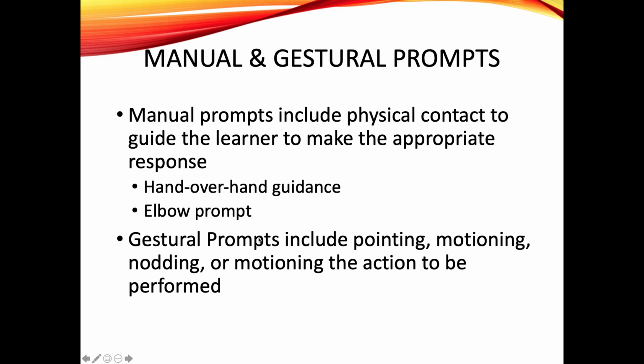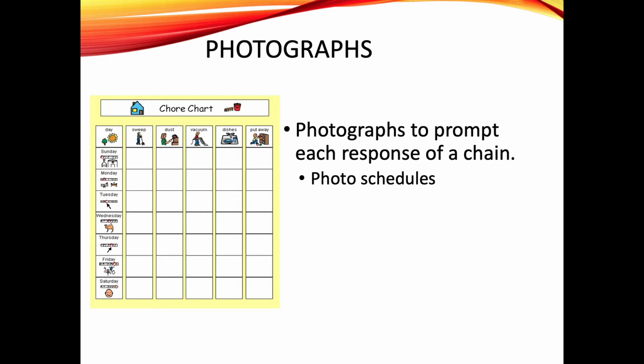And gesture prompts can take a variety of forms. Pointing is a gesture prompt. Motioning, like I mentioned with the example. Nodding, yes, that's correct. So we're simply, again, using sort of the least amount of guidance necessary to bring about the correct response.